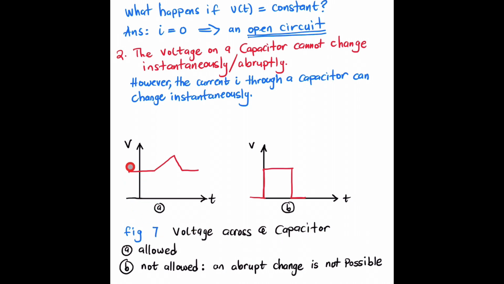This is allowed. It can do something like this and that. It comes down a little bit. But you can't do this. You cannot just go from here and jump, and then jump again. An abrupt change is not possible. So this is not allowed.